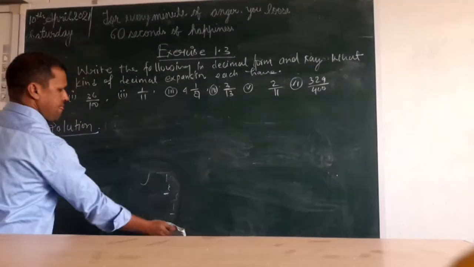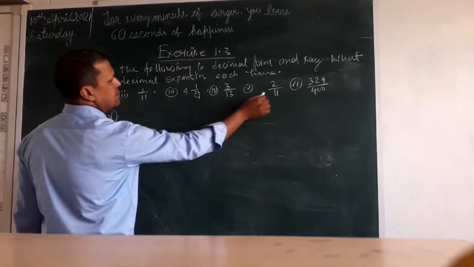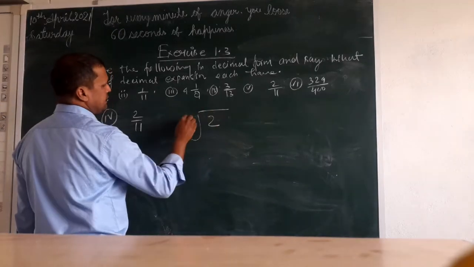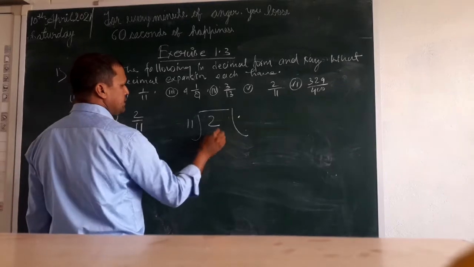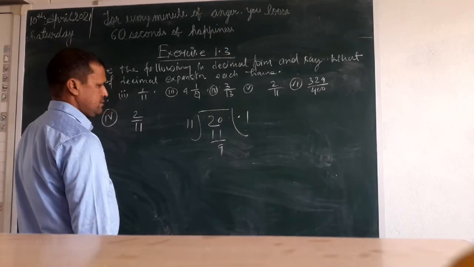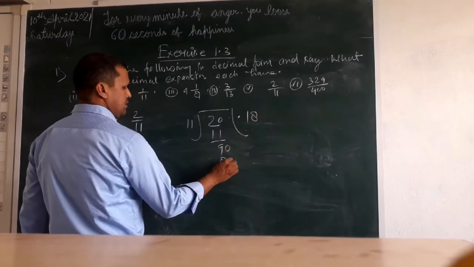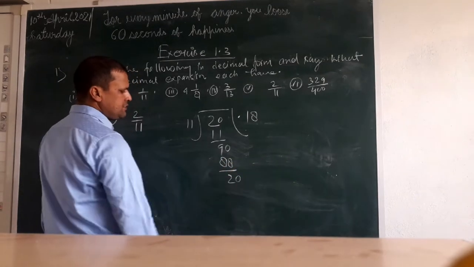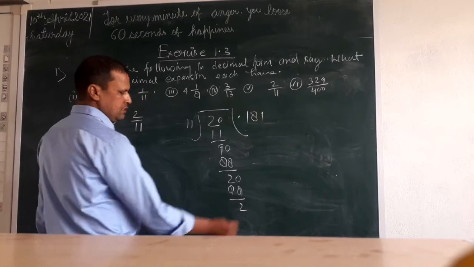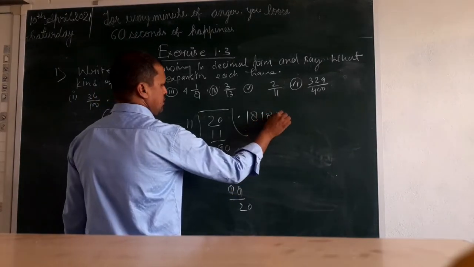See the fourth part, that is 2 by 11. 2 divided by 11, put the decimal point. 1 time, 9, remainder 2, again 0, again 1 time, 88, again 2, again 0, again 1.